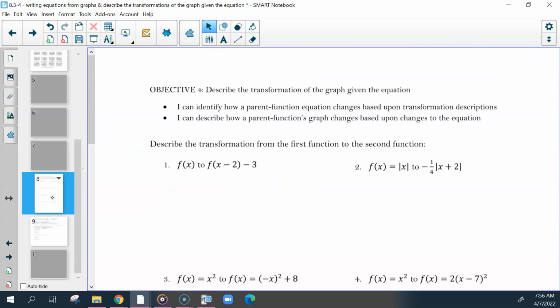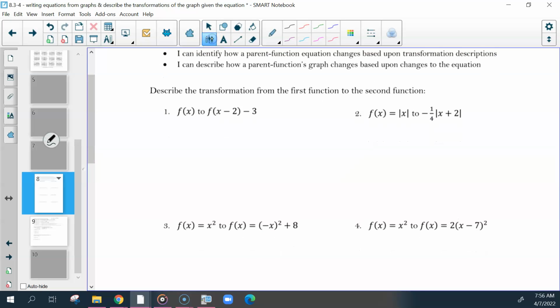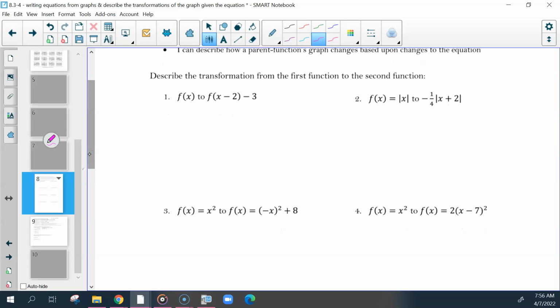Hopefully, as we do this, this will seem easy because really we're just looking for the transformations, which we've been talking about for a while now. So hopefully when you look at them, you'll be able to see what they are and be able to describe them. For these, we do have to be specific, using the math lingo: translate, reflect, stretch, compress, and all of those things. Okay.